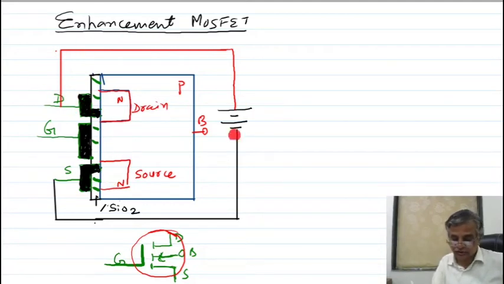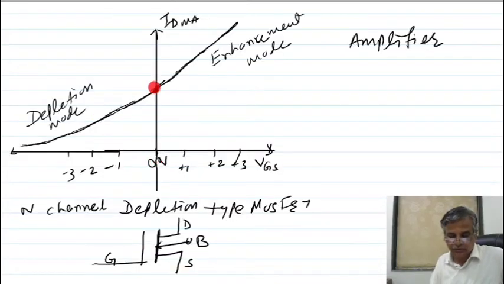So current does not flow when VGS is 0. In the previous case, when VGS is 0, current is flowing. In this case, current is not flowing. Remember this.